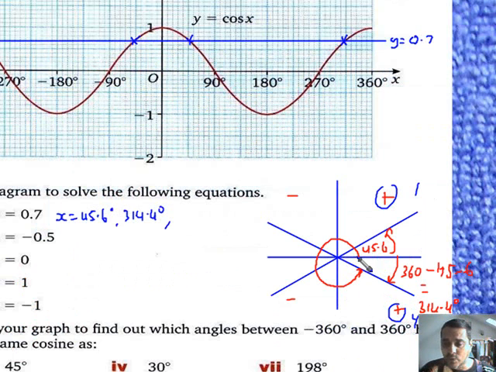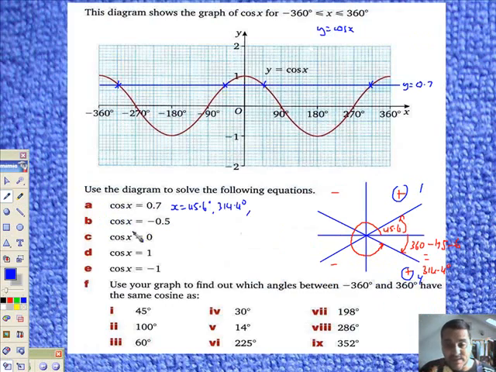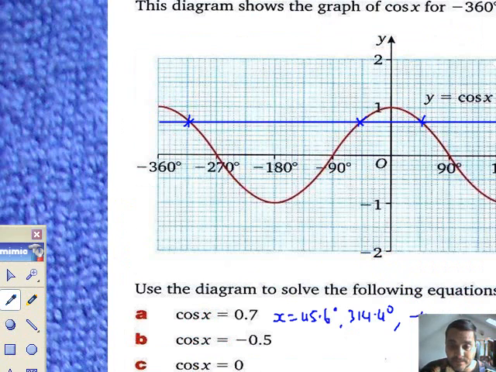So we can access the fourth quadrant either by going in the positive direction anti-clockwise and meeting angle 314.4, or we can go in the negative direction of minus 45.6, and therefore minus 45.6 is a valid solution.